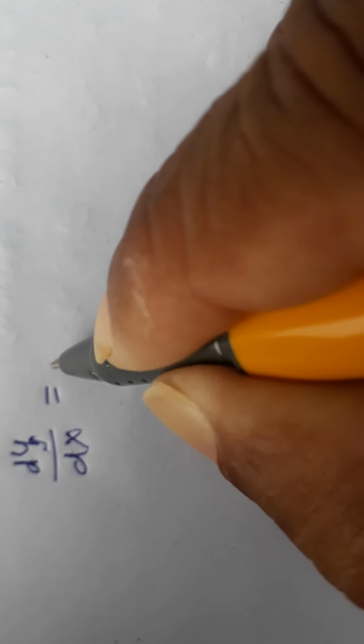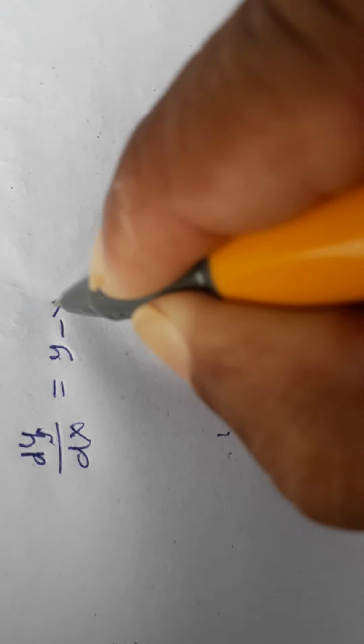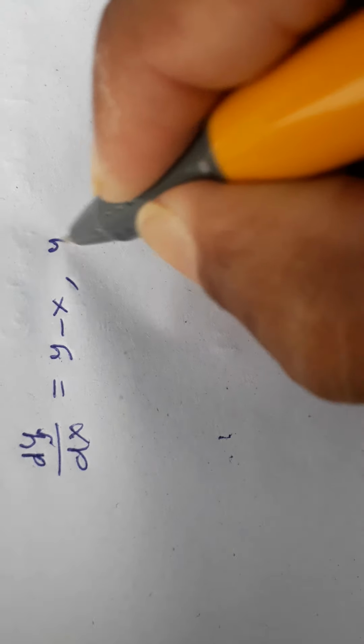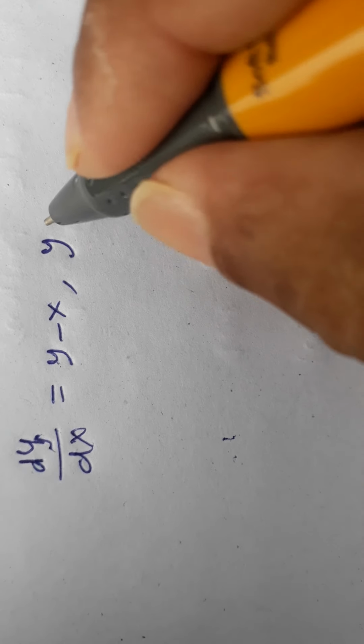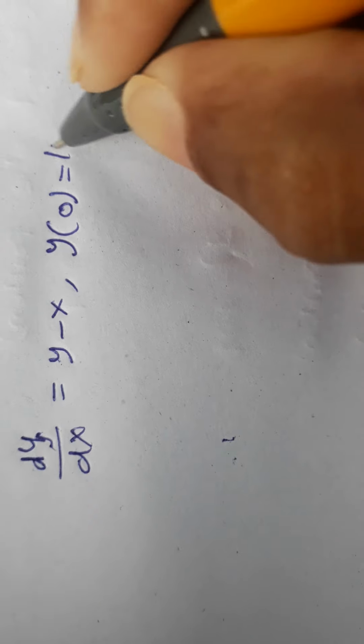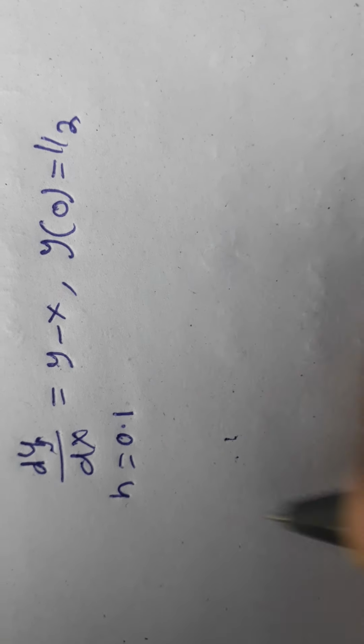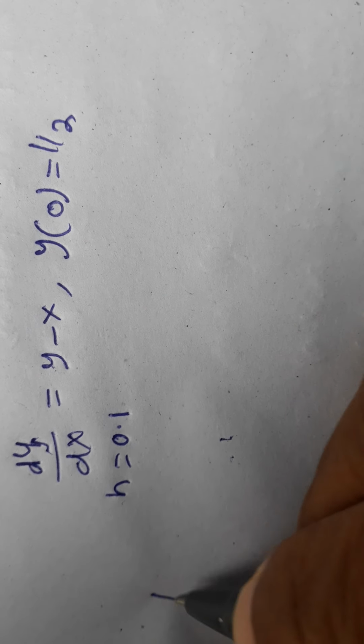Just wait, I am writing the question. dy by dx is equal to y minus x, y of 0 will be half, h equal to 0.1. Let's solve it.